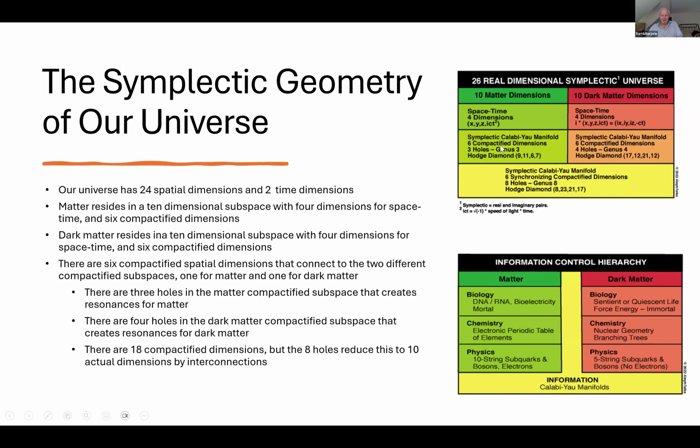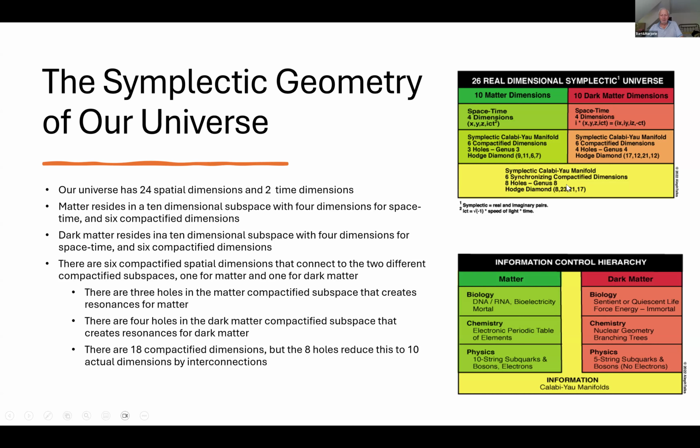And then finally, there's a synchronizing set of compactified dimensions that connect to these. So we have 6 compactified dimensions with 3 holes for matter, 6 compactified dimensions with 4 holes for dark matter, and then the higher realm, if you will, where we have 6 dimensions with 8 holes.